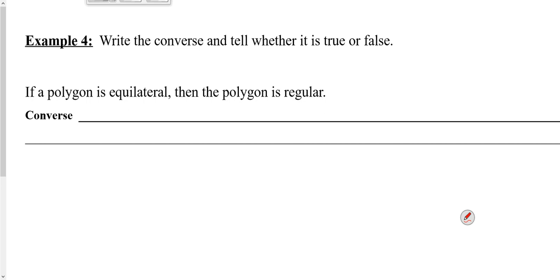So if a polygon is equilateral is the P. The polygon is regular is the Q. Try and write this converse statement. So go ahead and pause, write your converse statement, and then pause and see if we come up with the same thing.